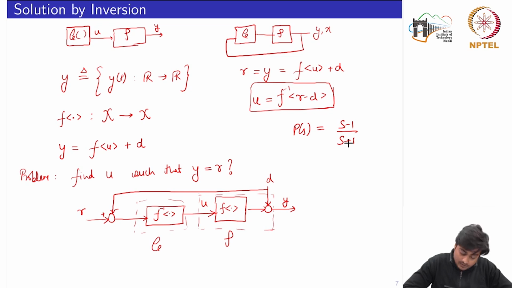If I want to design a controller, that controller would be the inverse of this transfer function, which would be s plus 1 over s minus 1. It is clear that this controller would be an unstable controller, and with this controller you won't be able to achieve y equal to r. So this is the major problem here, that the controller subsystem requires the inverse of the plant itself.